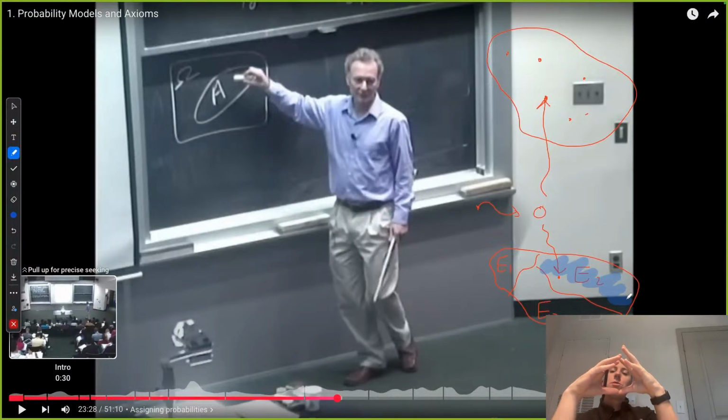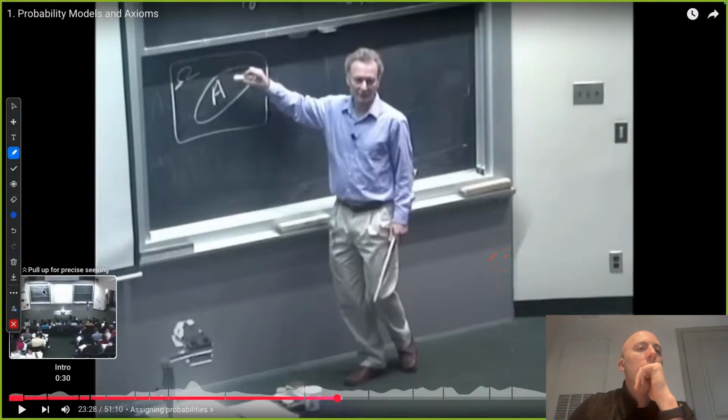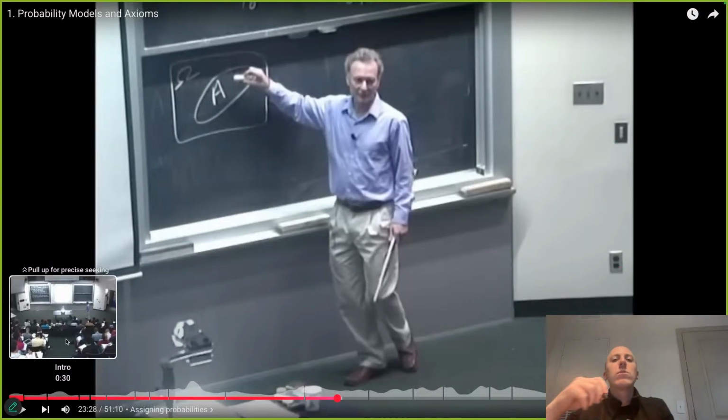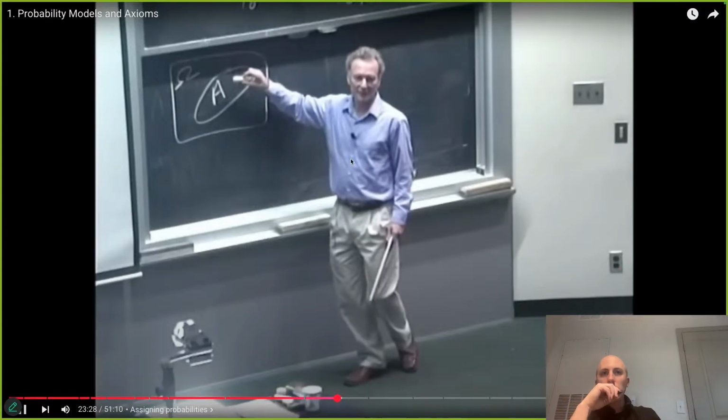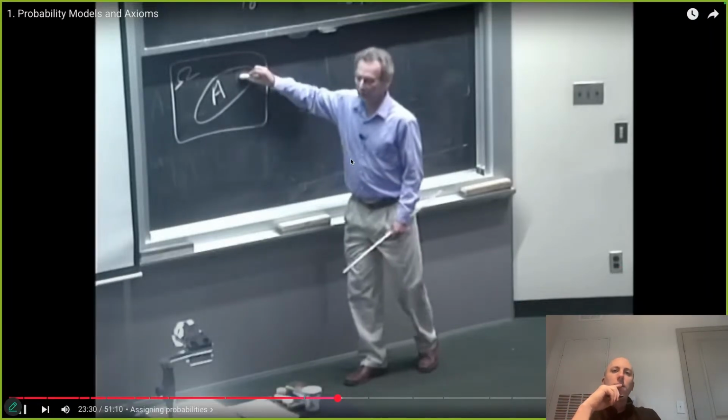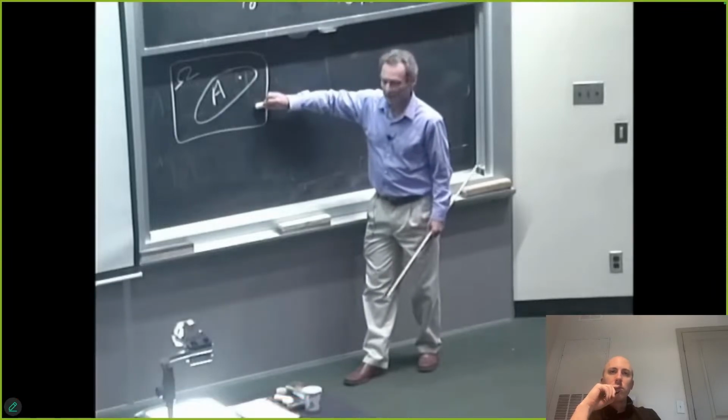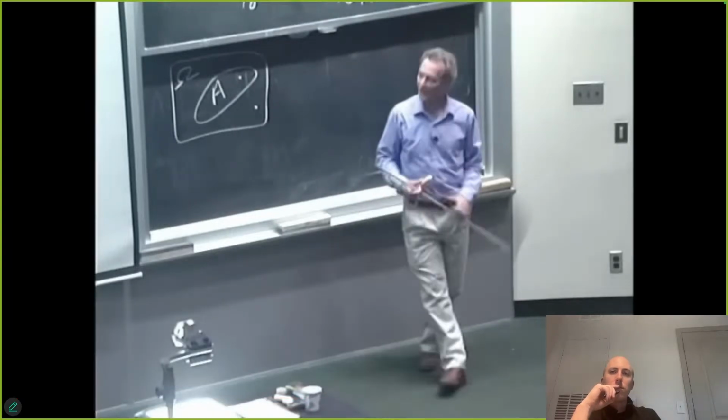So the event forms an enclosing container around the outcome, and that event occurs if the outcome is in it. If we get an outcome inside here, the event occurs, or the outcome may fall outside the set, in which case we say that event A did not occur.